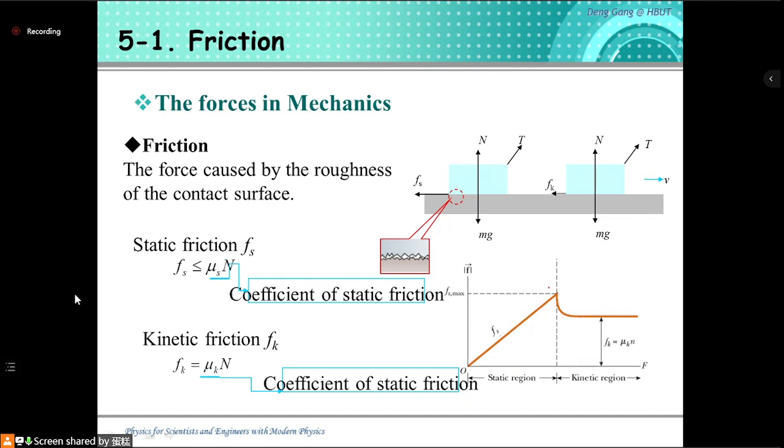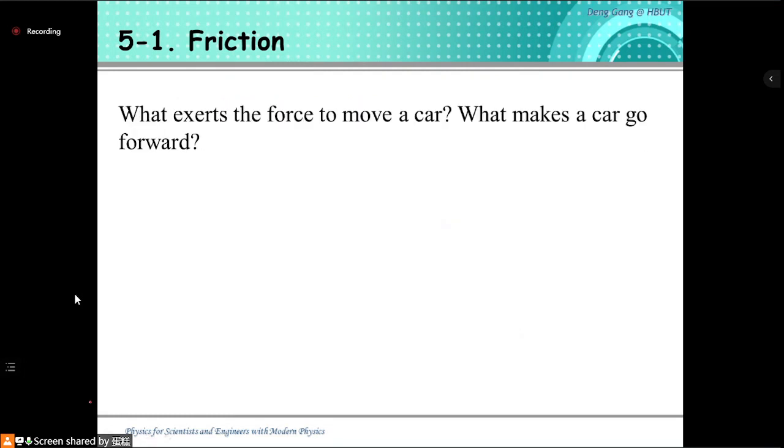This one is smaller than this. And the kinetic friction, if the speed is not very large, usually we can treat it as a constant. So that friction is caused by the roughness of the contact surface.